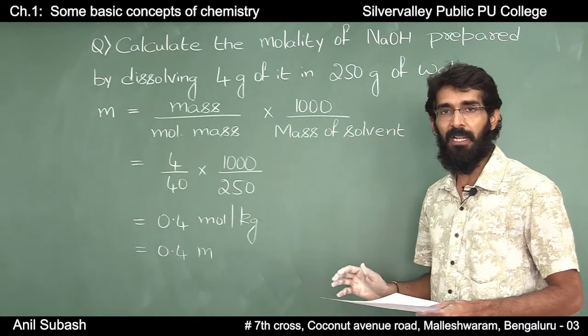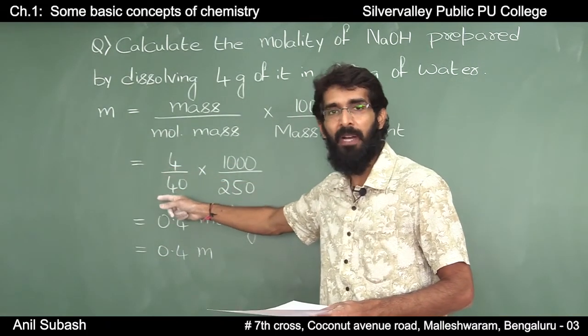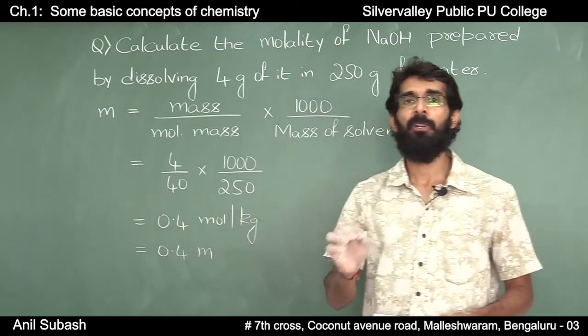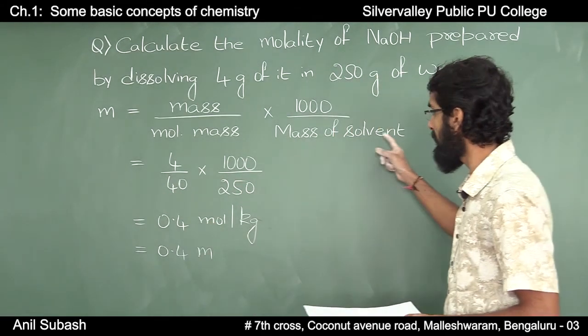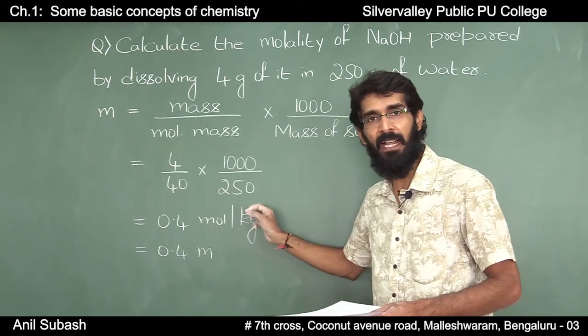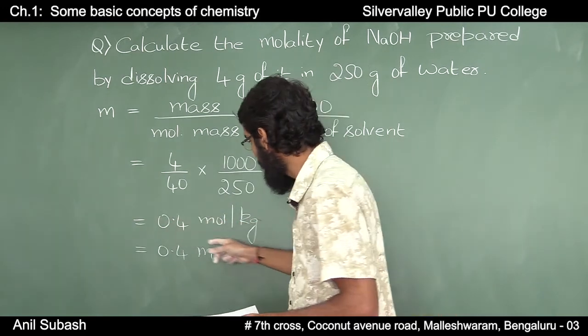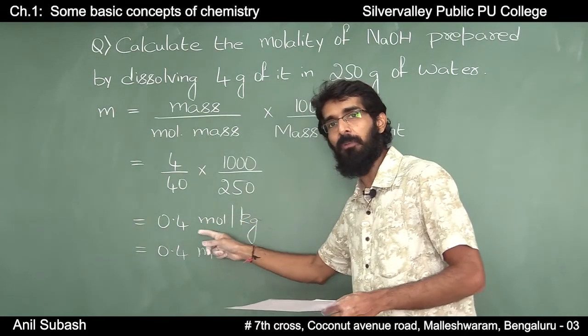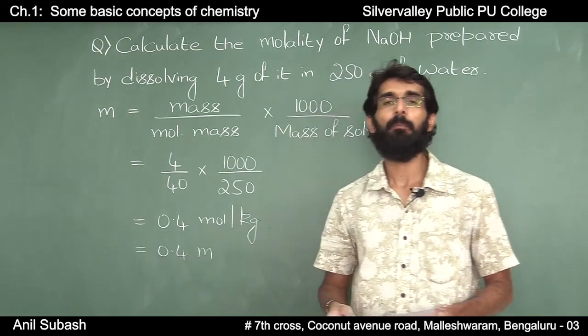Substituting in this formula mass, which is 4 grams of NaOH, by molecular mass of NaOH, which is 40, into 1000 by mass of the solvent, which is 250 grams. Substituting in this equation, the molality is found to be 0.4 mole per kg, or it is 0.4 molar.